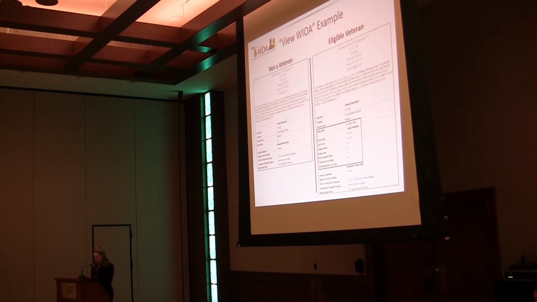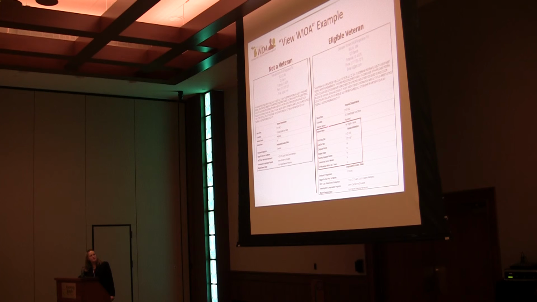But most importantly, it displays the data dynamically. So what that means, it's only designed to show the fields that you fill in on the registration screen. Okay, so let's say, for example, we have a person who's not a veteran and a person who's an eligible veteran. On the side that's not a veteran, you simply see veteran status of no. Okay, and that's it.